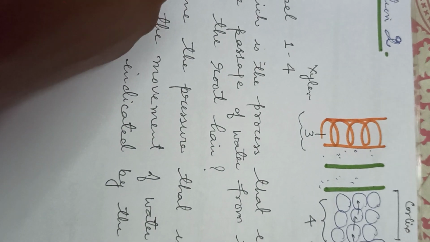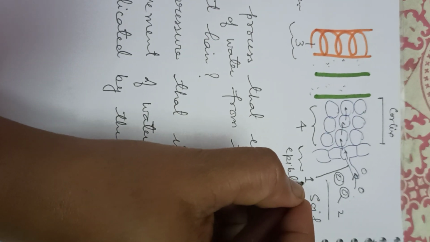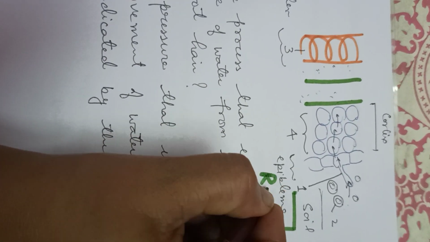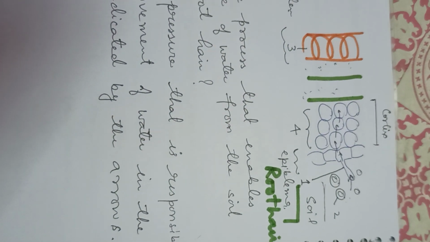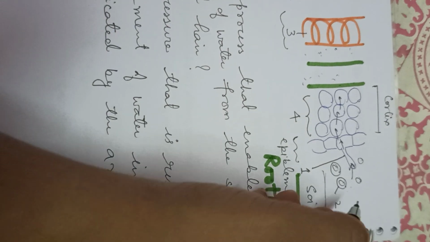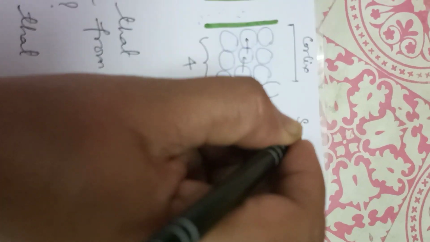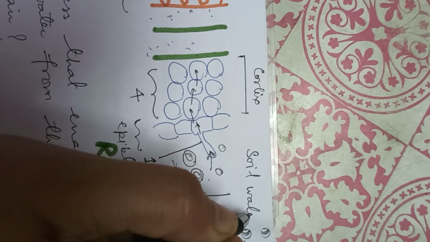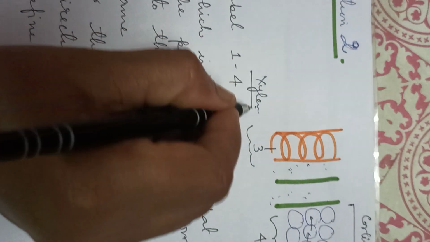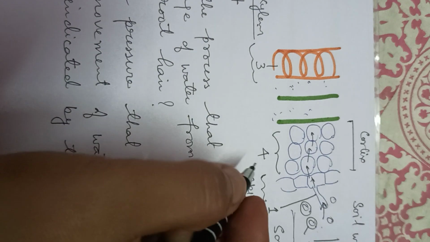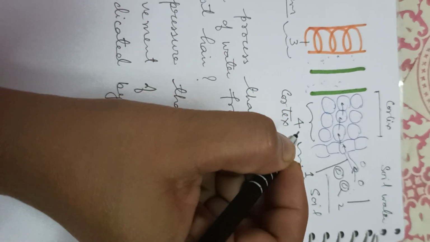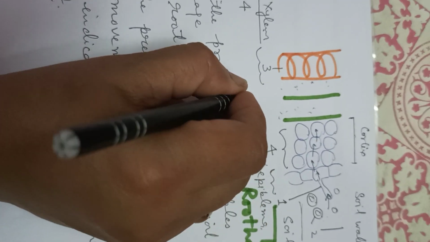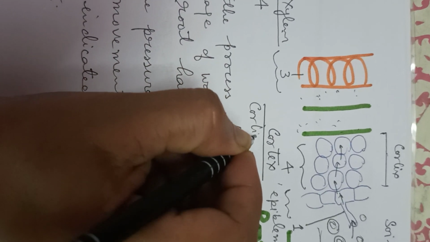Number 1 is indicating root hair. For number 2 we'll use the term soil water. Then number 3, already mentioned, is xylem. And number 4, already mentioned, we can write cortex or cortical cells.